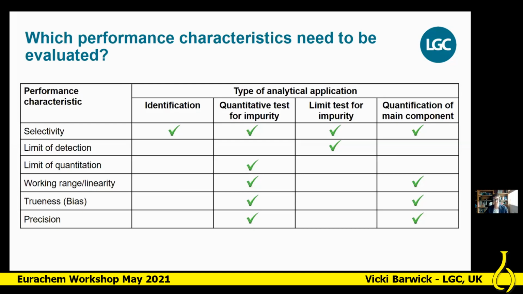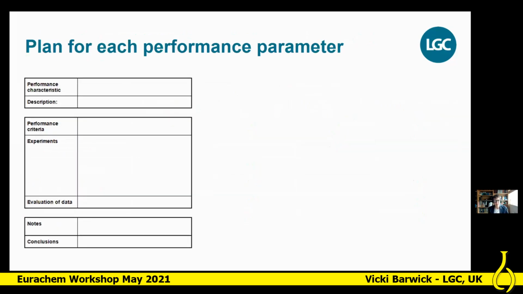So we need to decide, obviously, which performance characteristics we're going to study. But then we obviously need to decide how we're going to evaluate each of them. So this would really form the core of our method validation plan. So the template that's in the Eurachem supplements basically has a page for all of the performance characteristics, and you can see the information that would be required.